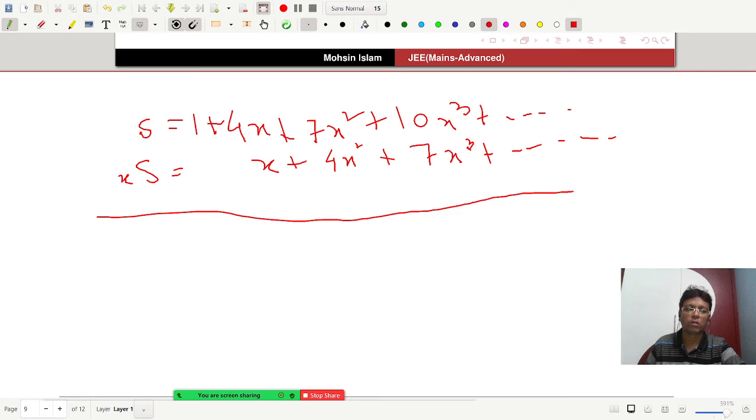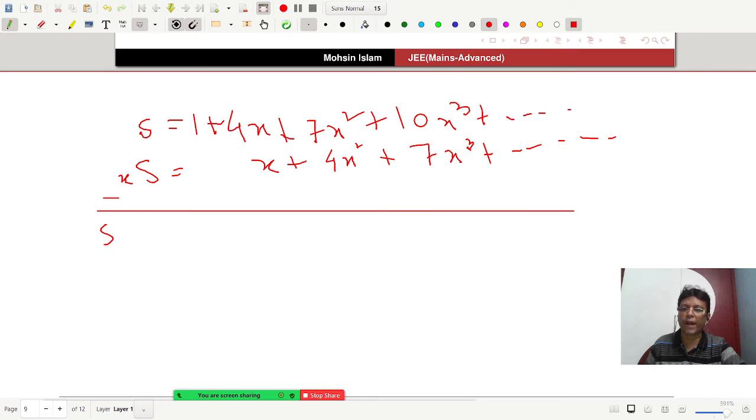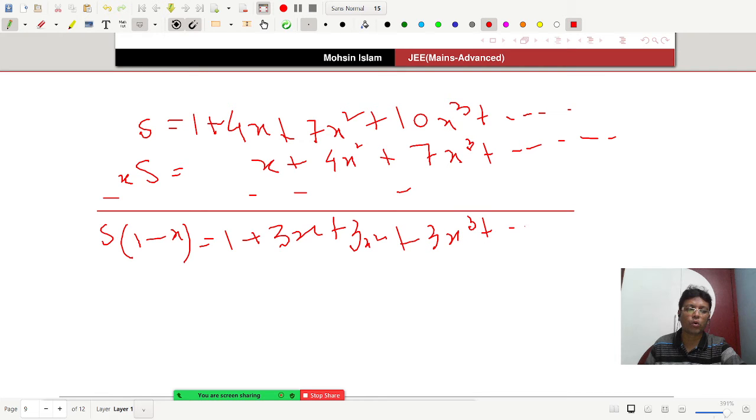So if you subtract S into 1 minus x equal to 1 plus 3x, okay, you are subtracting 3x squared plus 3x cubed and so on.